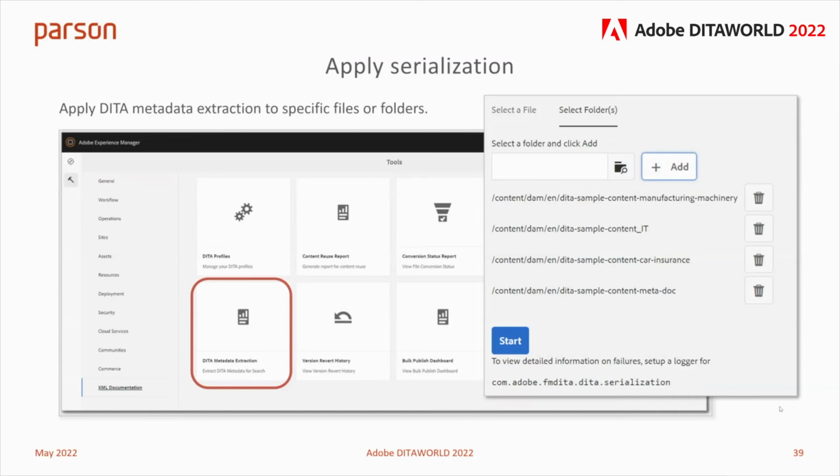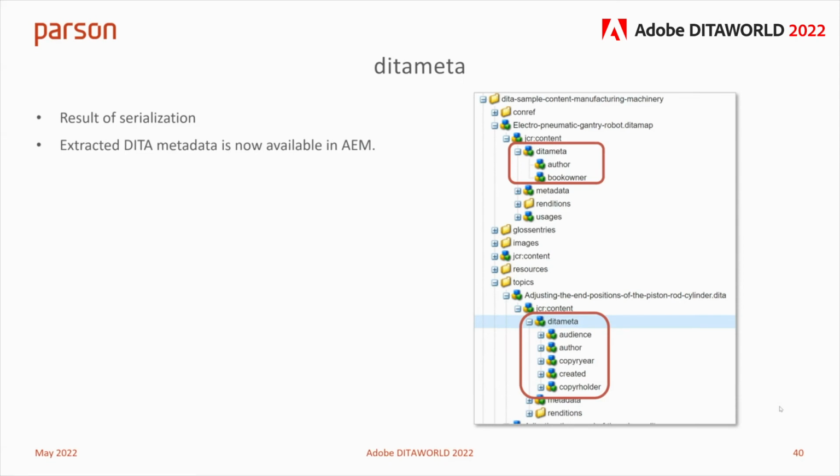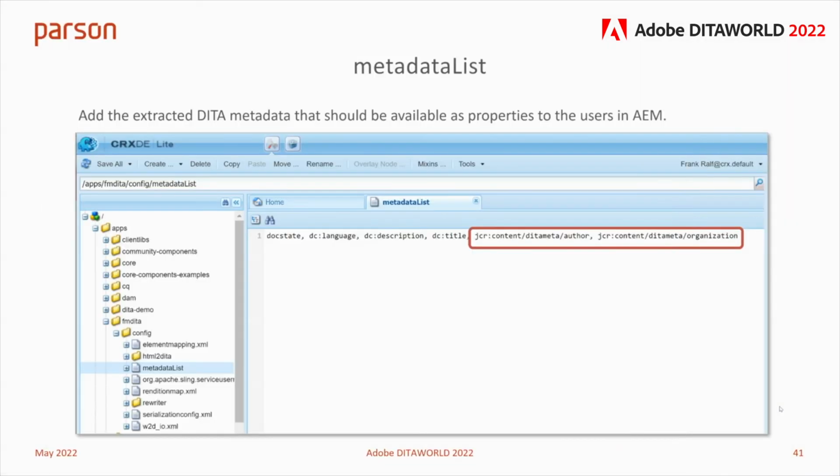But that is still not enough to actually work with the extracted metadata. The DITA metadata is then available in the backend or under the hood of the AEM system. But to actually use this, you must add another configuration step by adding the desired extracted metadata that should be available as properties in another configuration file called metadata list.